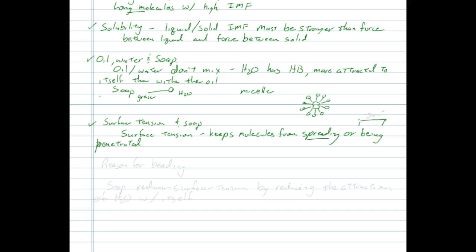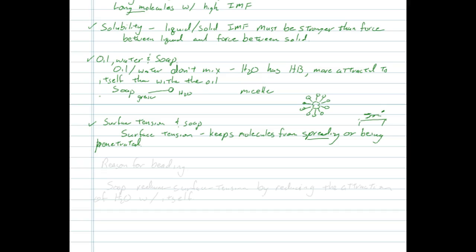Penetrated is like water bugs and small bugs that stand on the water because they're so light, and they use the surface tension to keep from falling into the water. They spread out, and it keeps them from penetrating the water.